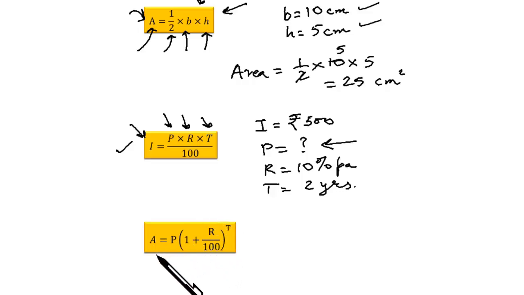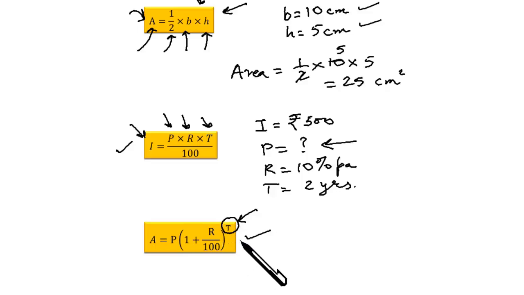And if you look at this formula, this is the formula for compound interest. Many of you might be knowing this. Over here A stands for the compound amount, P stands for the principal, R for the rate, and T for the time period. So if you use this formula, you will come to know what is the compound amount. And in this formula, you can also see we have used an index, an exponent.